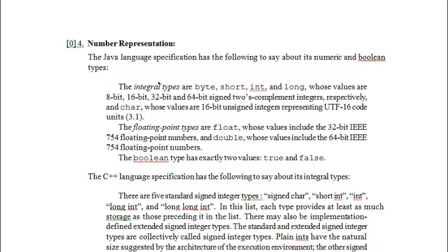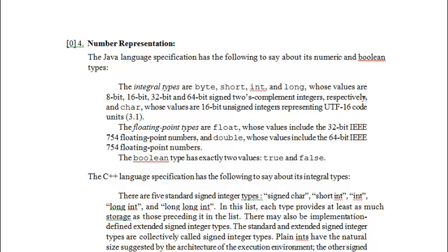The integral types are byte, short, int, and long, whose values are 8-bit, 16-bit, 32-bit, and 64-bit signed 2's complement integers, respectively. And we know what all that means. We know what a signed 2's complement integer is. We know what it means when it's 64 bits long, or 32, or 16, or 8. So that's all good. And char, whose values are 16-bit unsigned integers. Okay, so they're not signed.